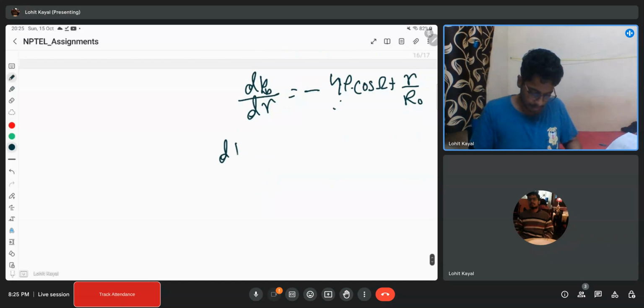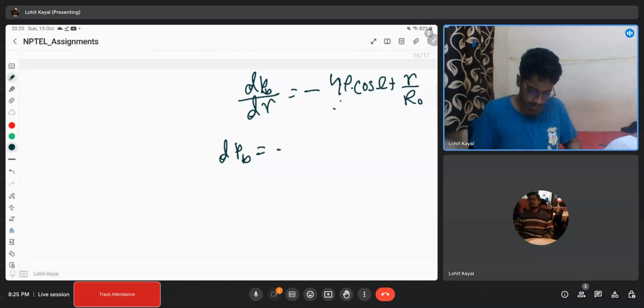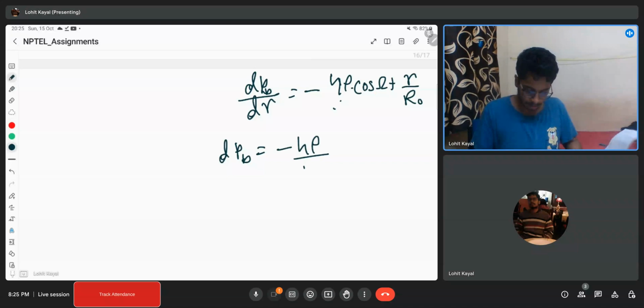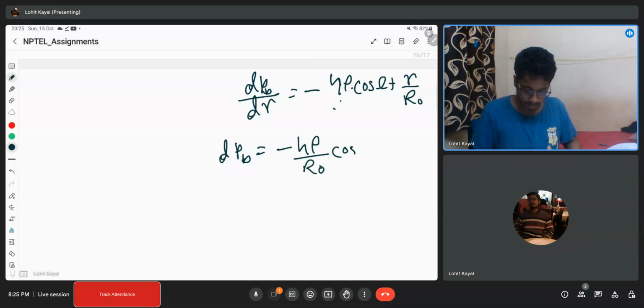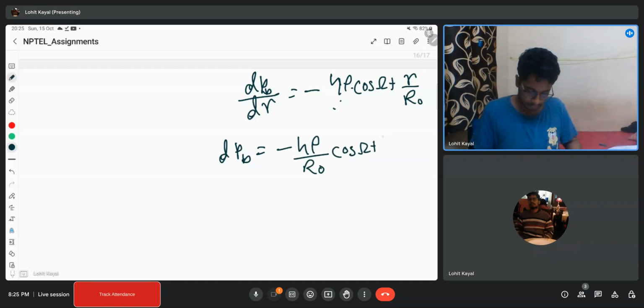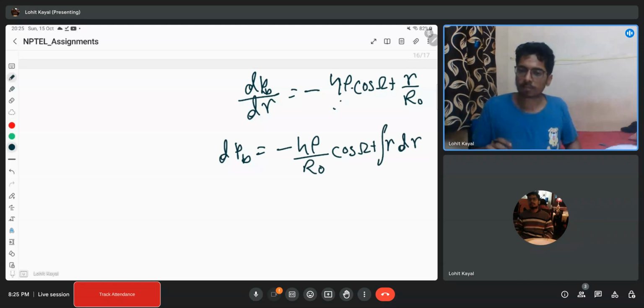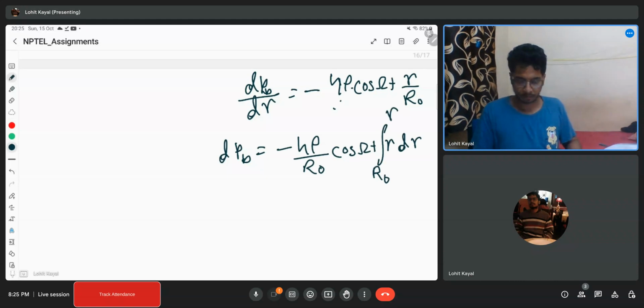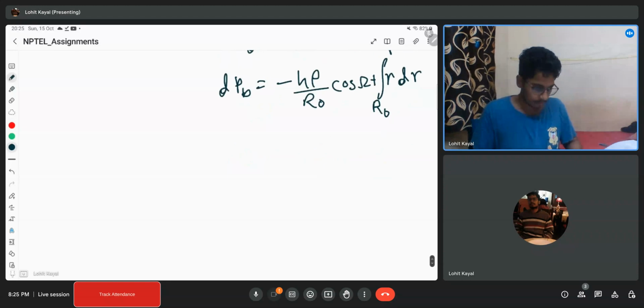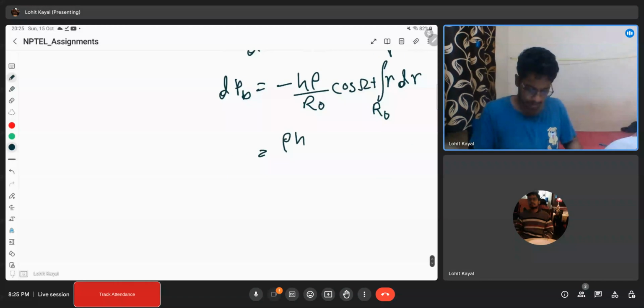So dpb is equal to minus h rho by r naught cos omega t, integration of r dr. Now it will vary from the base state radius to some arbitrary radius.